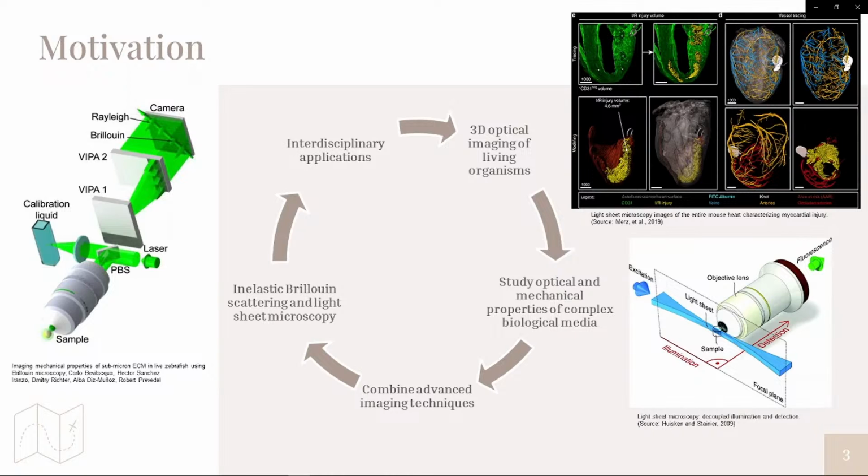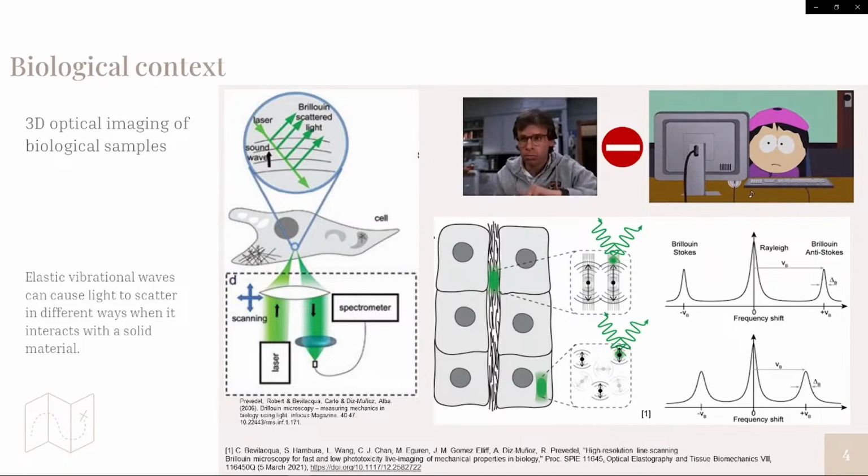So this inelastic Brillouin scattering and light sheet microscopy can also be used for interdisciplinary applications, and that's where aerosols come in. Once we have all this in mind, what exactly is the biological context behind using Brillouin microscopy? Elastic vibrational waves cause light to scatter in different ways when it interacts with solid material.